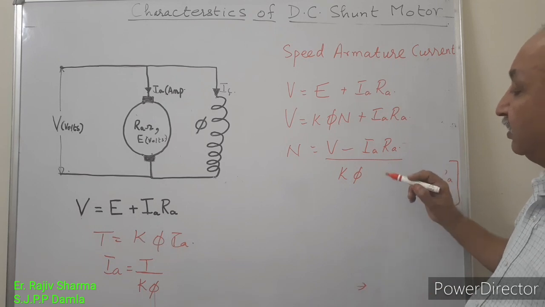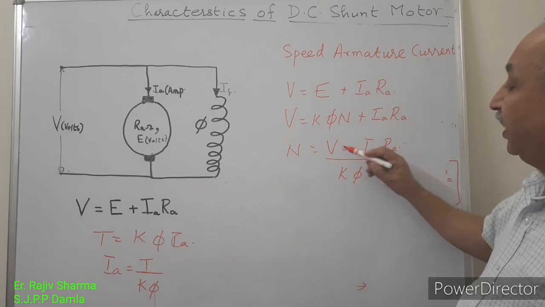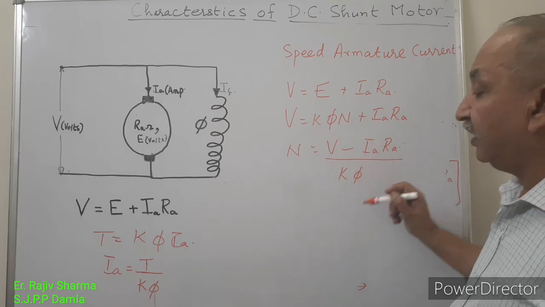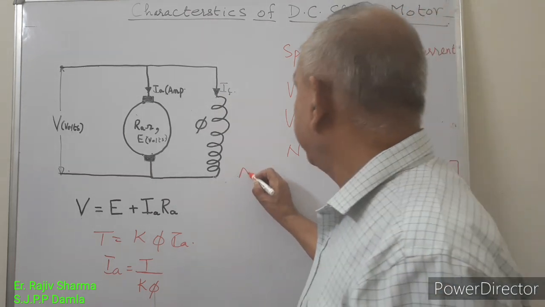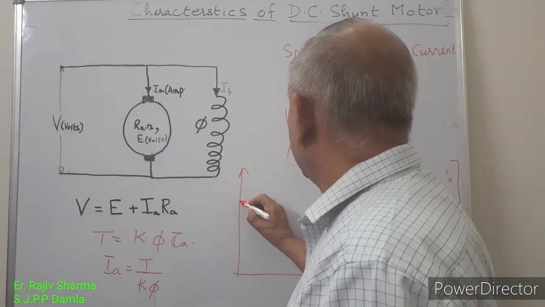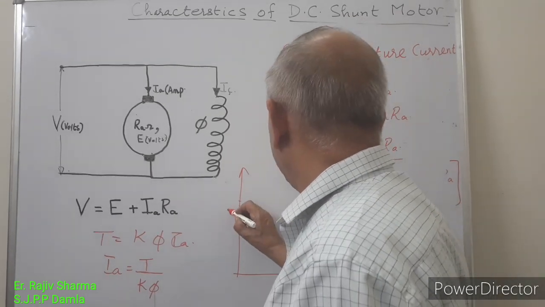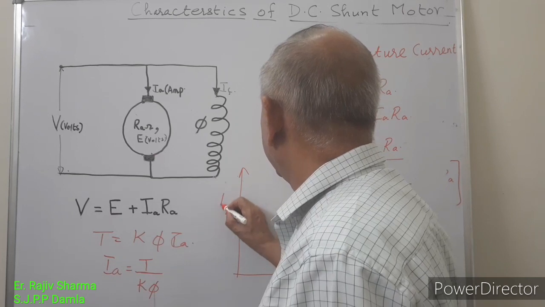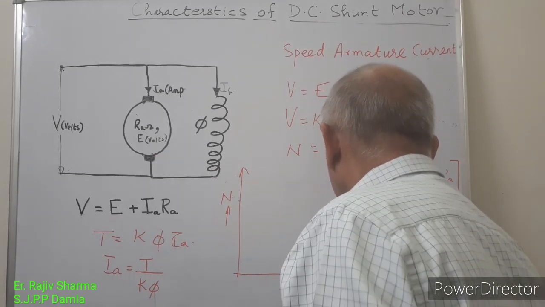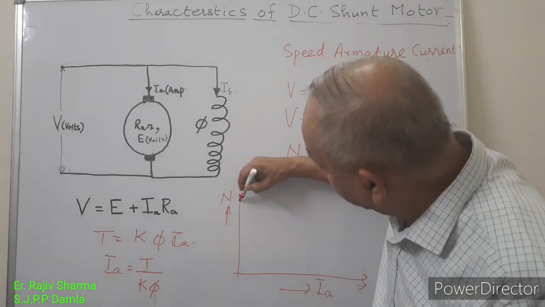When IA is 0, we have the no load speed V upon K phi. So let us draw the graph. Here we have the speed and this is the armature current. So this is the no load speed.